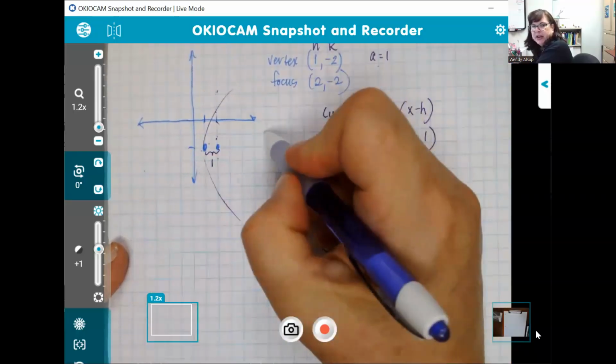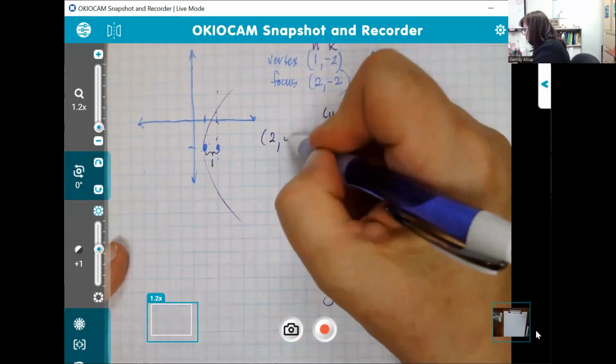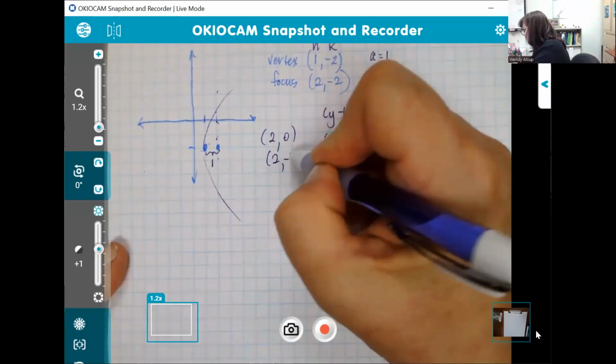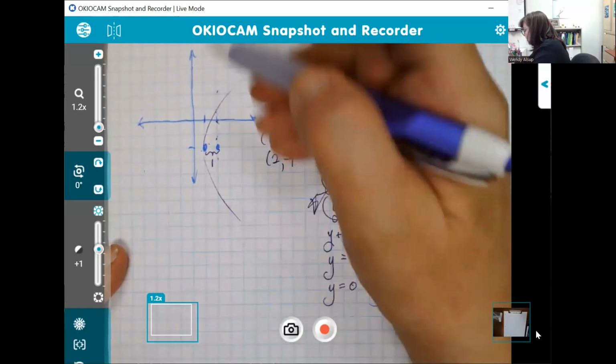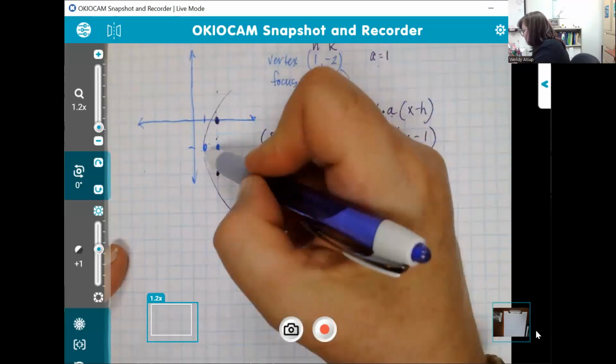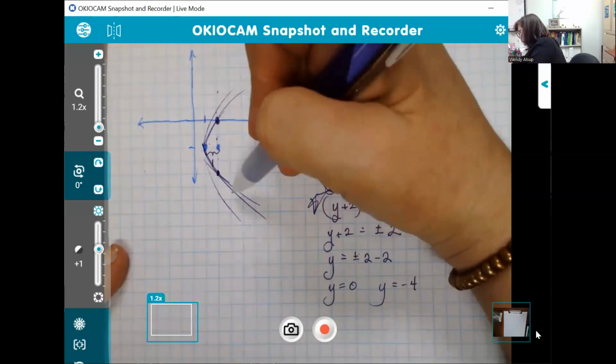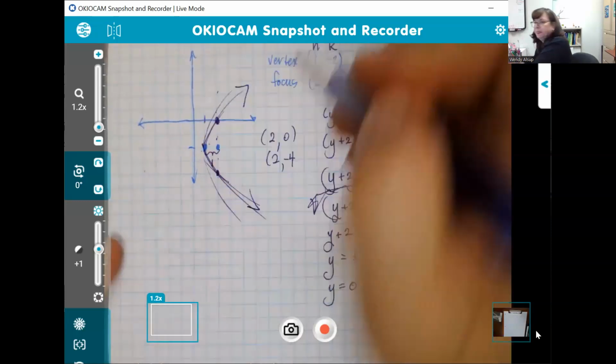So when x is 2, y is 0 or y is -4. So (2, 0) or (2, -4). (2, 0) is here, (2, -4) is here, and that gives me the opening and shape of my parabola.